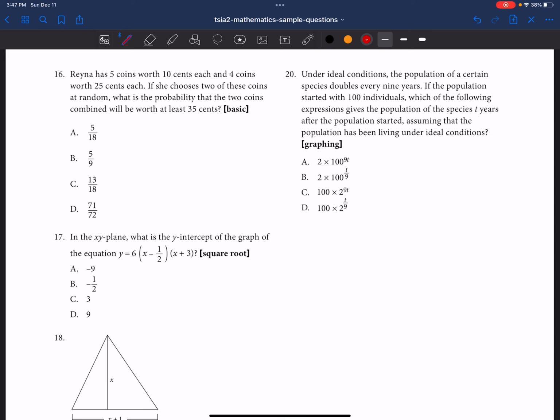And since these kinds of tests are used under the idea that anybody, not just Texans or Americans, could take this test, they specify 10 cents each and 25 cents each. So we know that those are dimes and quarters, but if I asked you a problem in terms of pounds and shillings, would you know which is what, right? So that's why they're calling it 5 coins worth 10 cents each.